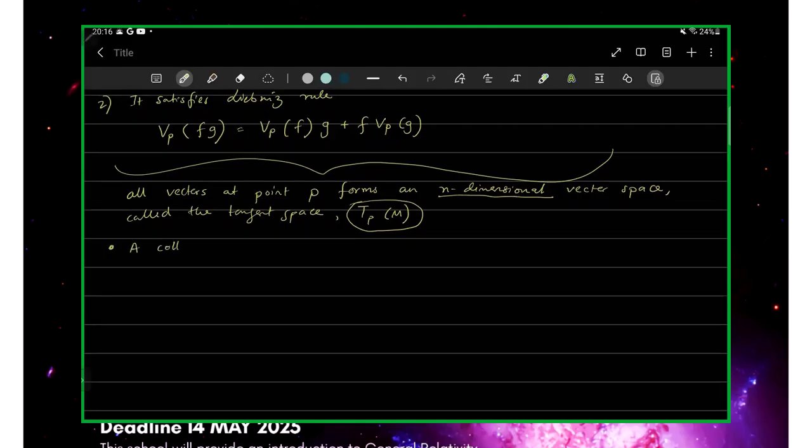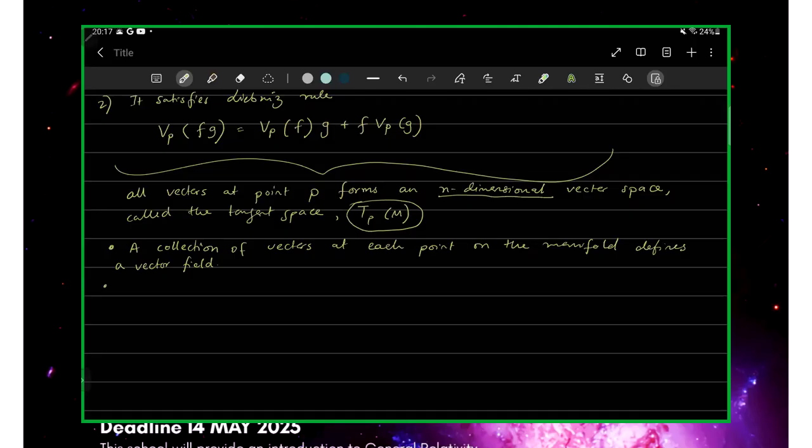So now, of course, let me write this down first: a collection of vectors at each point on the manifold defines a vector field, which is obvious, right? Because all of these vectors should create a vector field.